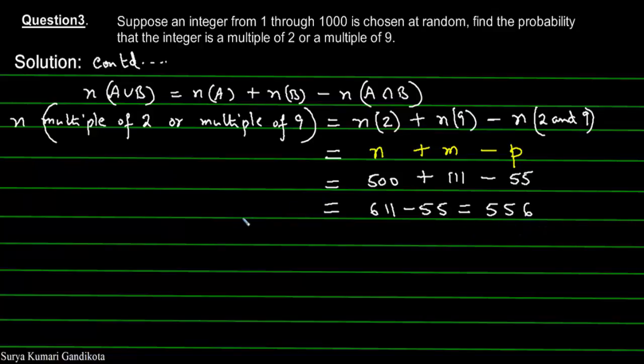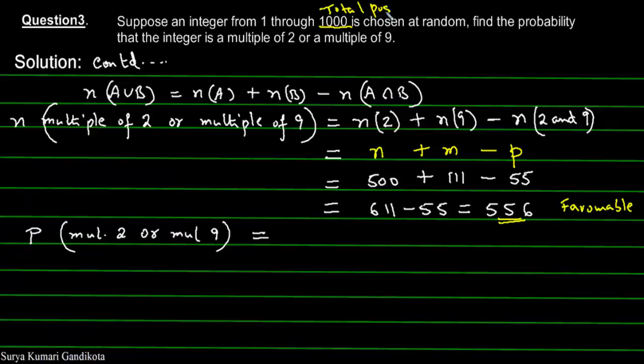Now we are ready to find the probability. Therefore the probability of multiples of 2 or multiples of 9 is given by the favorable number of outcomes upon total possible outcomes. This 556 is the favorable number of outcomes, and the total possible outcomes are 1000.